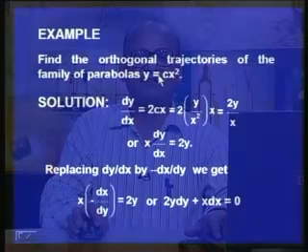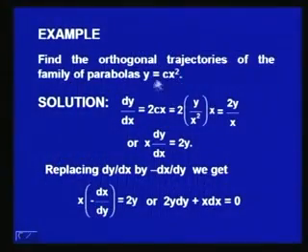So, let us consider the family of parabolas given by y = cx² and find its orthogonal trajectories. Now, y = cx² gives us dy/dx = 2cx. So, we can eliminate c from the equation dy/dx = 2cx using the equation y = cx².